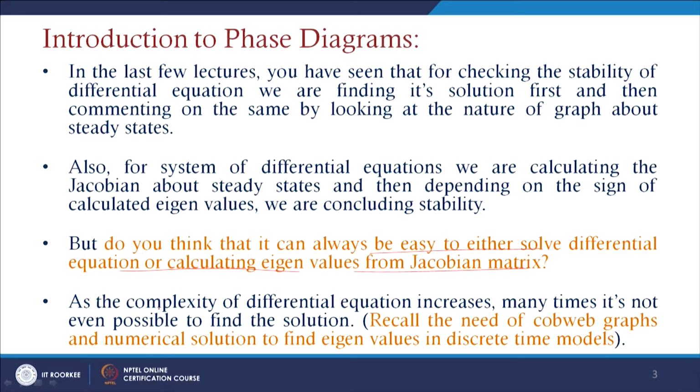As the complexity of a differential equation increases, many times it is not even possible to find the solution. Remember the cobweb graphs and the numerical solution to find eigenvalues for discrete time models. It is very difficult to find these eigenvalues, and also to find the solution in cobweb graphs.